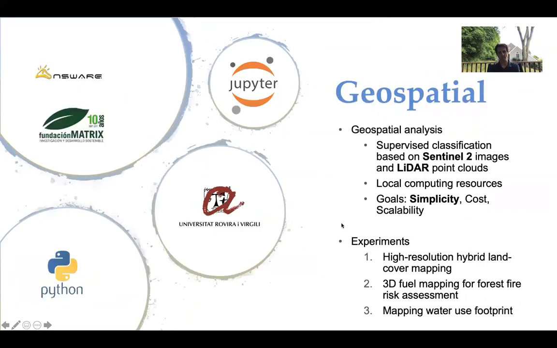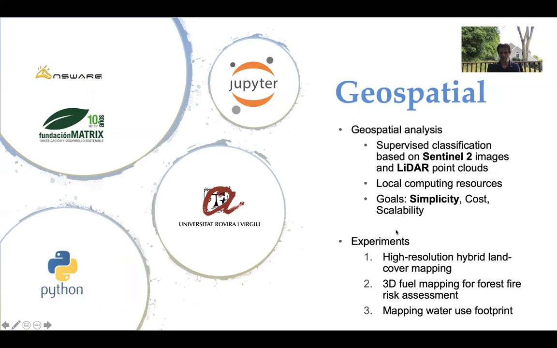Our third use case is geospatial analysis. Here we have two companies, Answer, and the Fundación Matrix. And we have paired them with Universitat Rovira i Virgili. In this case, basically they will rely on data sets from satellite data from Sentinel-2 images and LiDAR point clouds. They previously used local computing resources, but they want to transition to the cloud, and they want simplicity, cost, and scalability.